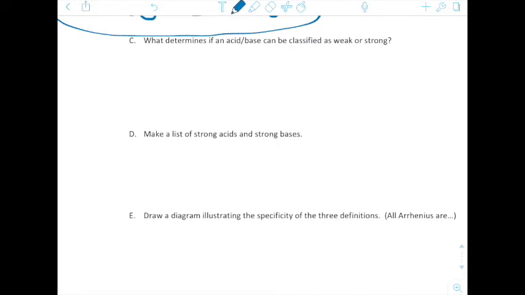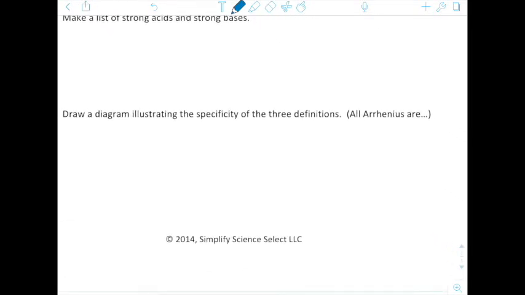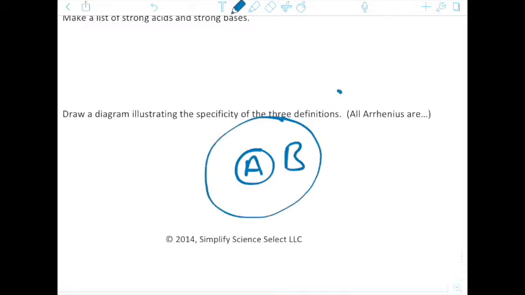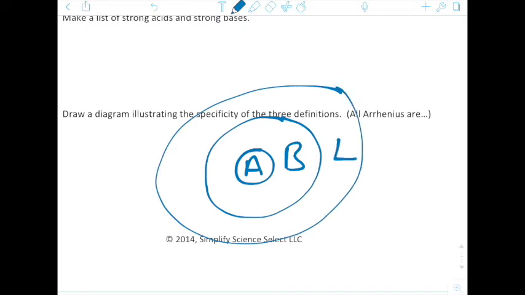It says E, draw a diagram illustrating the specificity of all three definitions. So we have Arrhenius, Bronsted-Lowry, and Lewis. All Arrhenius acids are going to be considered Bronsted-Lowry, and they're going to be considered Lewis.